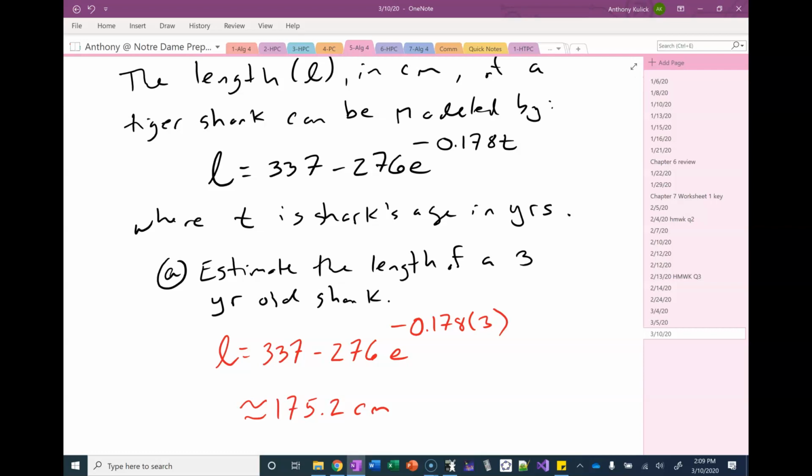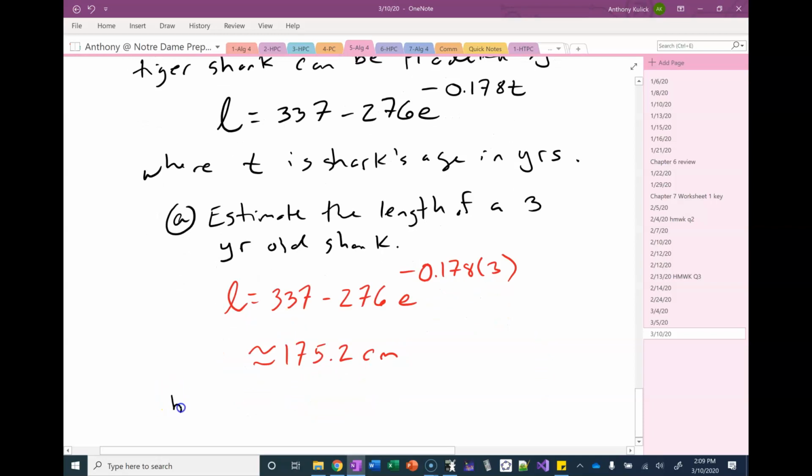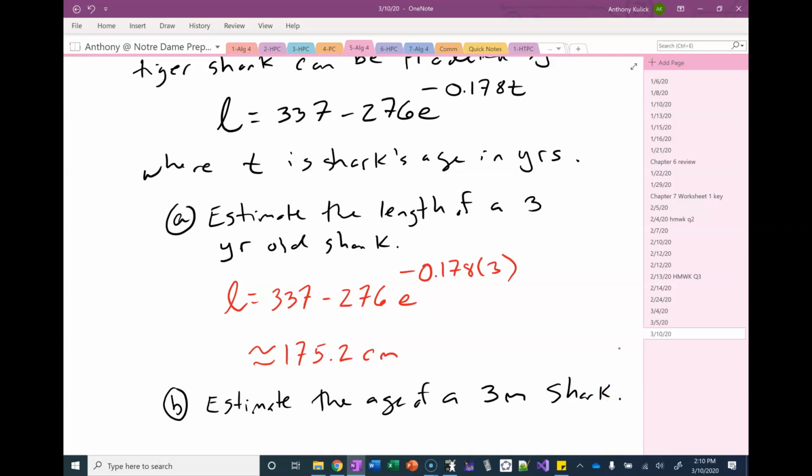Okay. The other thing that we can do with this is ask questions like, estimate the age of a 3-meter shark. So which parameter are we solving for in our model here?